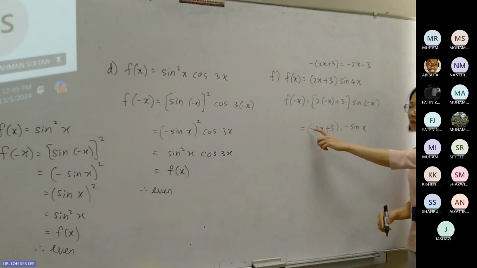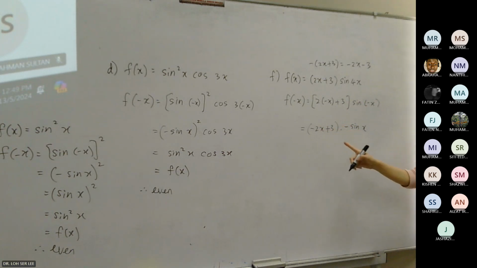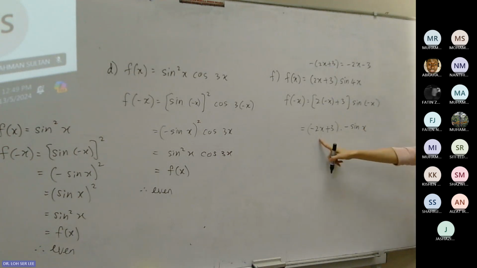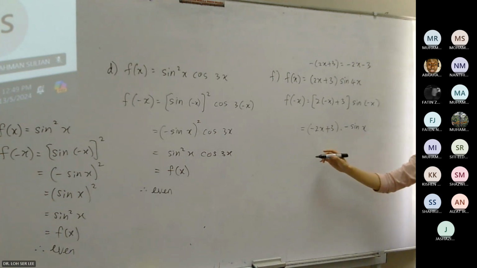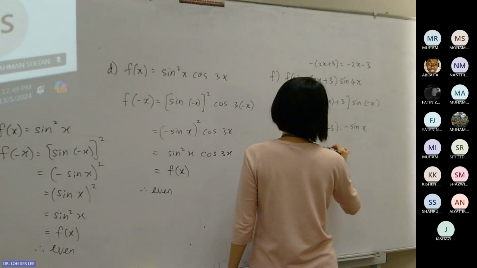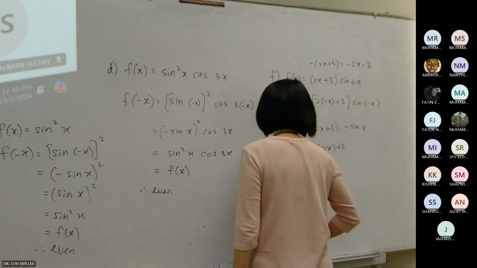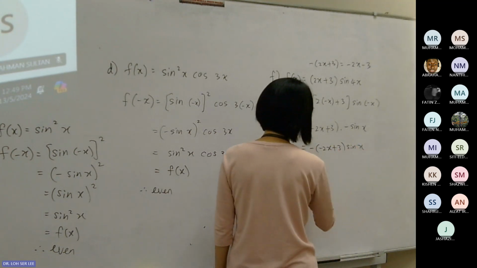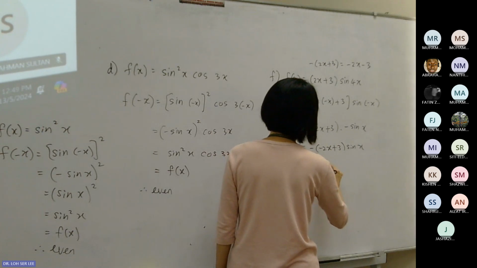Actually, we have already known this is neither odd nor even. As long as from the product function, there is one function that falls under this category, neither both, that means overall it is neither both. This one is negative plus 3 sine x, so this is actually not equal to f(x).